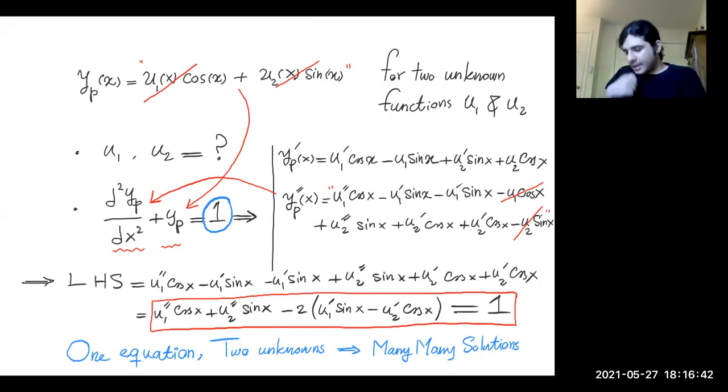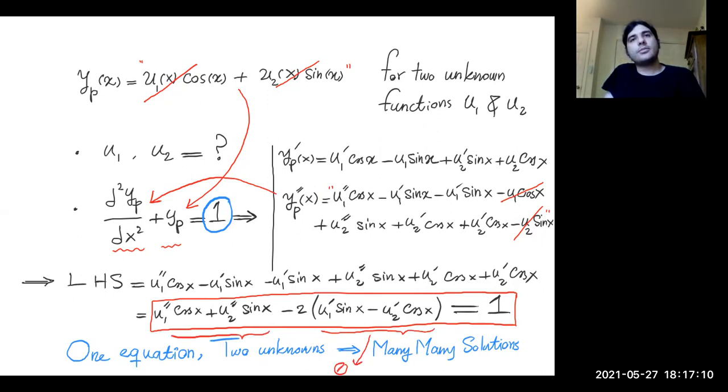Here, one extra requirement we can add is to assume that something is 0. For example, I would assume that what we have in this parentheses is equal to 0, and then this part is equal to 1.